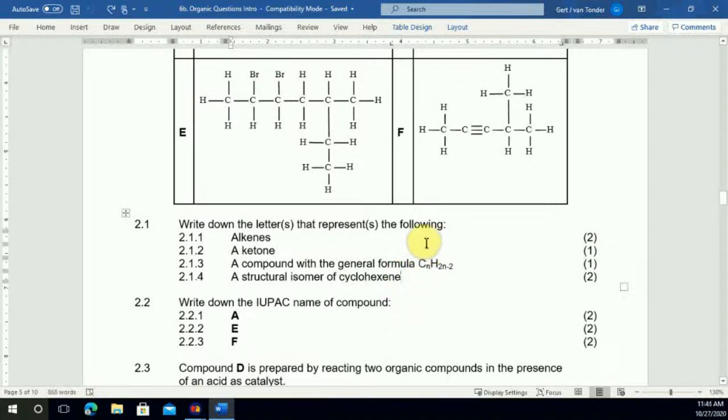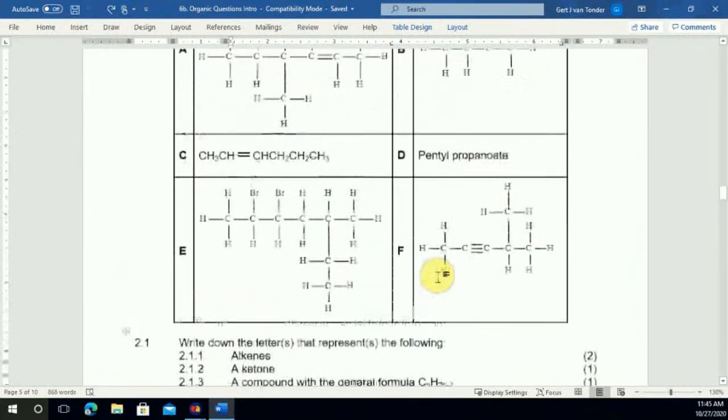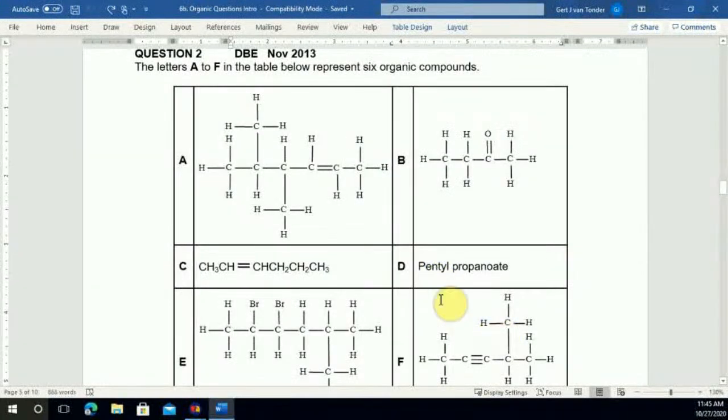The IUPAC name of compound A. Let's look at compound A again. The longest chain is 1, 2, 3, 4, 5, 6. That is 6 carbons. And there's a double bond, so it's an alkene. So it's hex-something-ene. If that is carbon number 1, carbon number 2, then this is hex-2-ene as the parent chain. However, we've got two substituents, a methyl group over there and a methyl group over there.